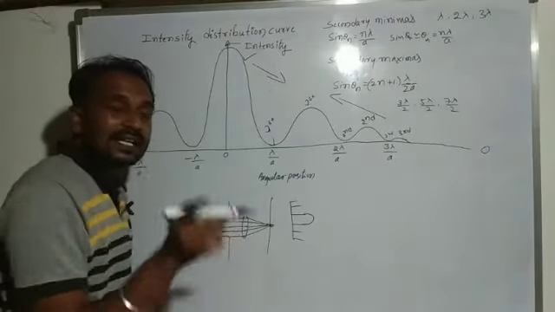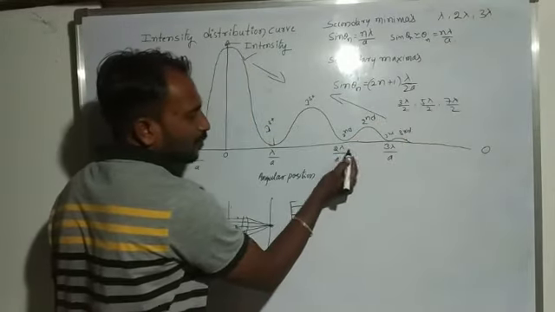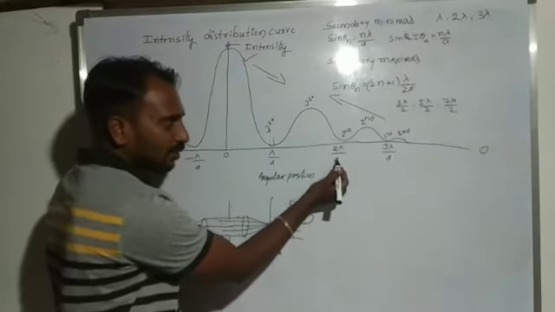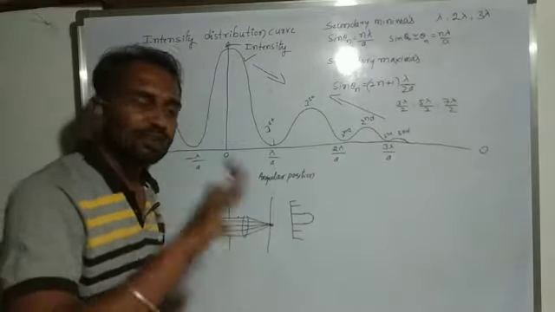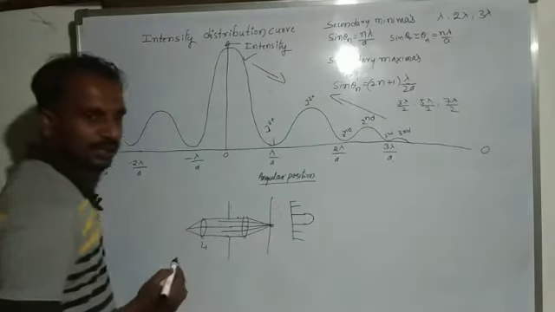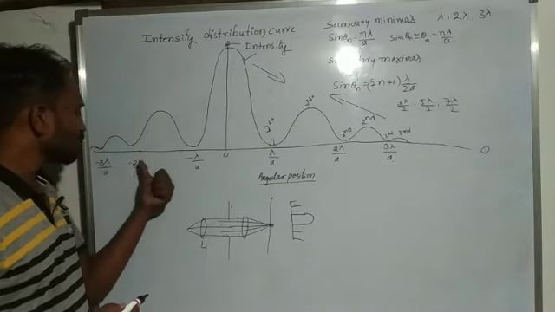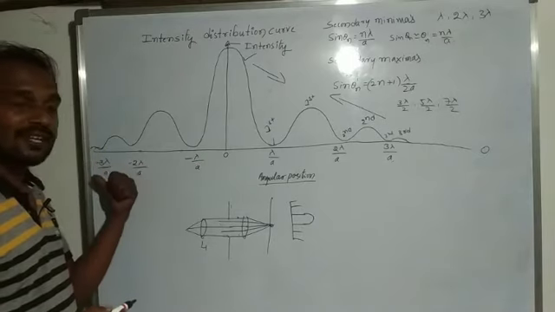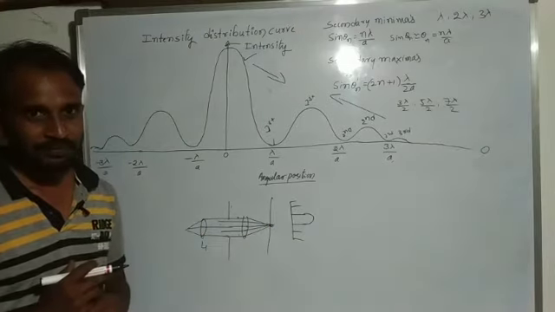For the third, 3 lambda by a. On the other side we have minus lambda by a, minus 2 lambda by a, and minus 3 lambda by a. These are all the angular positions.